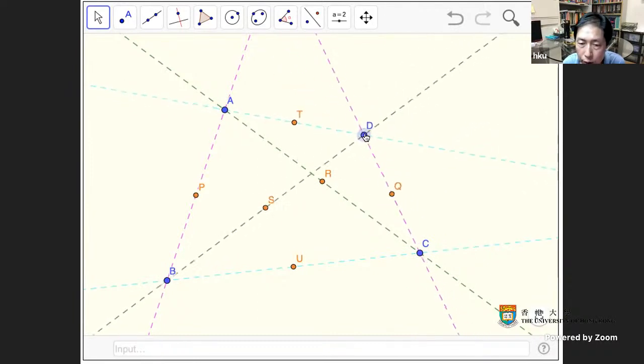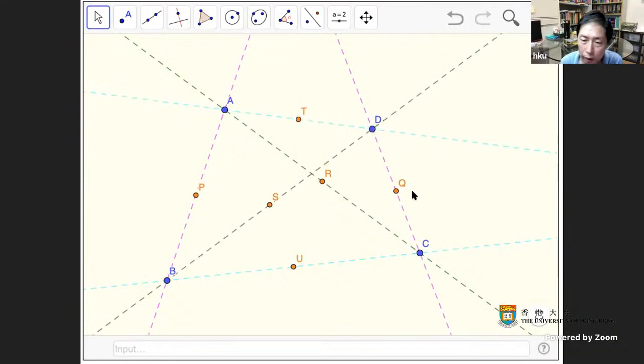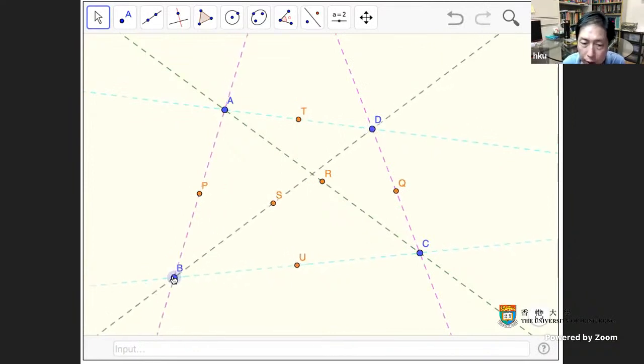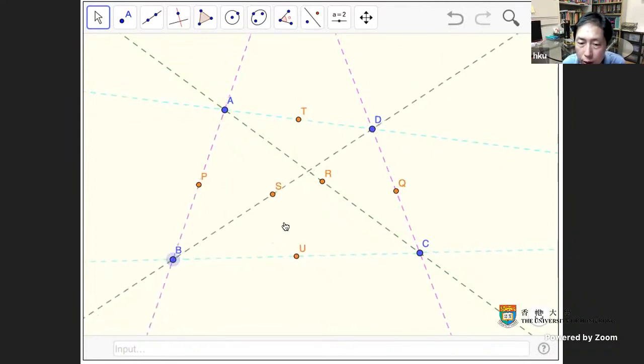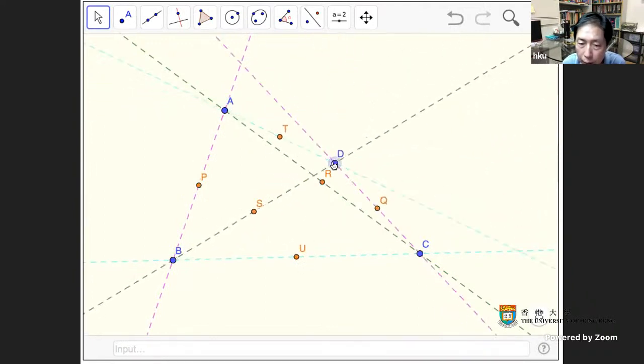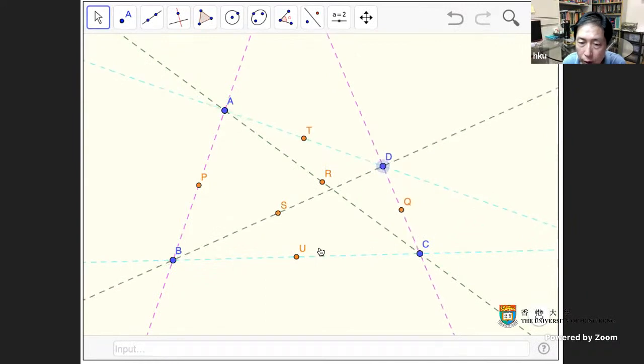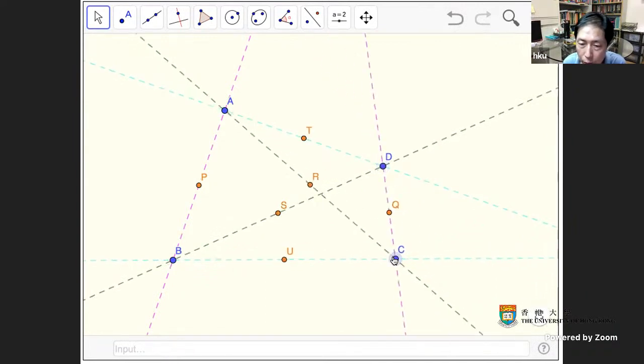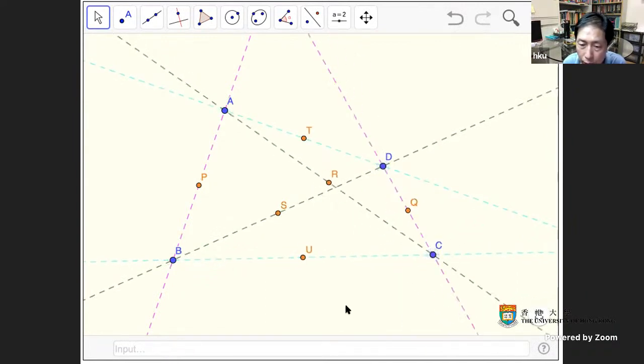My suggestion to you here is, if you haven't come across this problem, you may try to move around the points A, B, C, D to see whether the 6 midpoints, which are in orange, can be put into one circle. That means all the 6 orange points will lie on one circle at the same time.